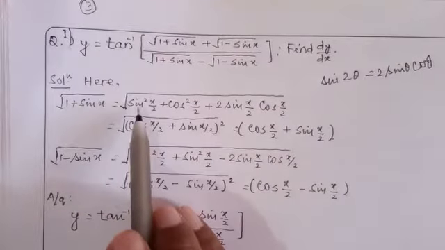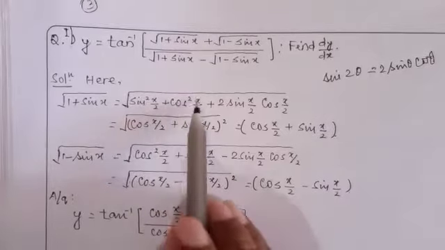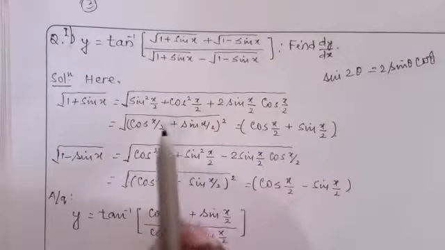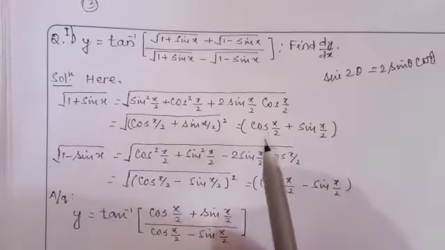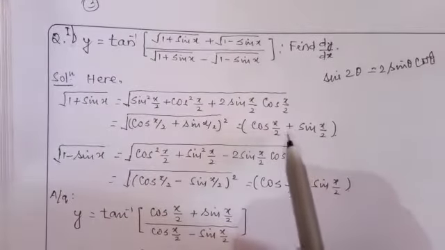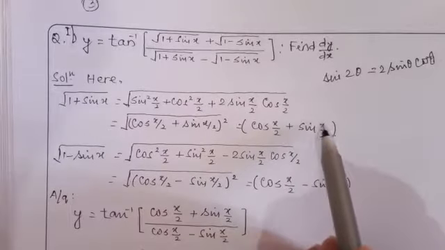So these 3 terms a square plus b square plus 2ab becomes a plus b whole square, and its square root will be a plus b, that is cos x by 2 plus sin x by 2.